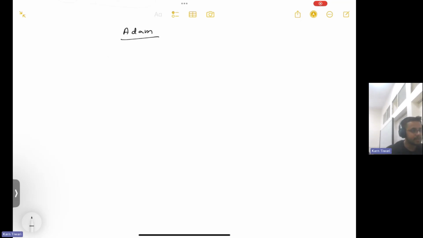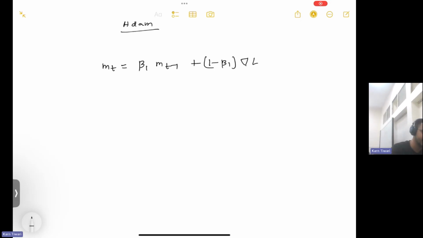So they have defined the mass and velocity, like we have force equal to ma. m of t they defined as beta 1 m of t minus 1 plus 1 minus beta 1 del of L. V of t is the velocity: beta 2 V of t minus 1 plus 1 minus beta 2 del of L whole square.